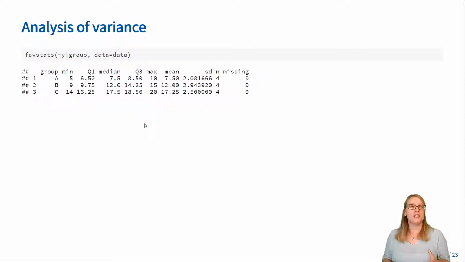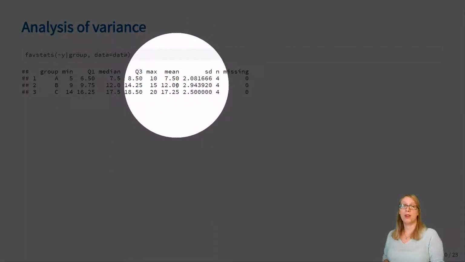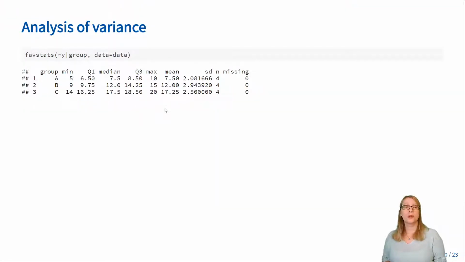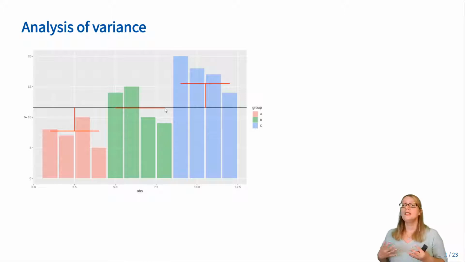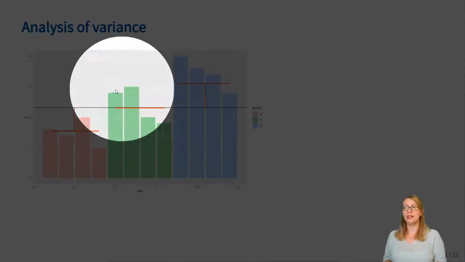The next step is to try to tease out those group effects, those alpha terms, and here's what I'll do. I'll calculate the average now within each group. We'll call those the group means. The group mean for group A is 7.5. The group mean for group B is 12. The group mean for group C is 17.25. Take a look at how those compare to the population mean, now graphed in black.